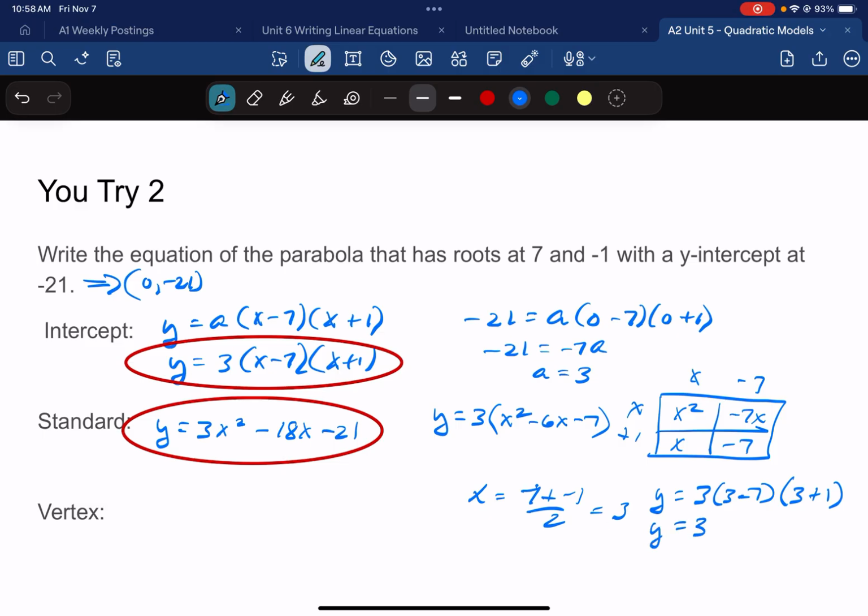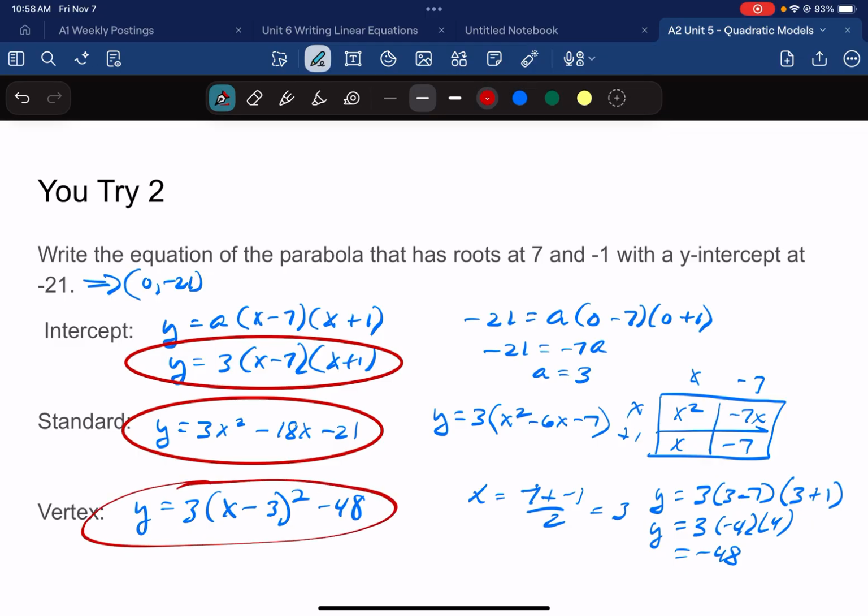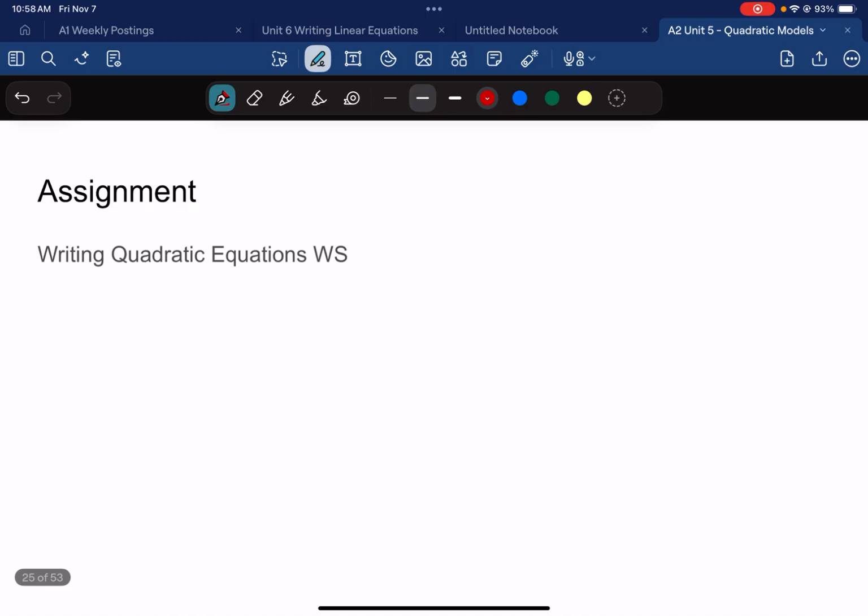And I get 3 times negative 4 times 4. So that's negative 16 times 3, which is negative 48. So the vertex form is 3(x minus 3) squared minus 48. Okay. All right, there's a worksheet you can try there.